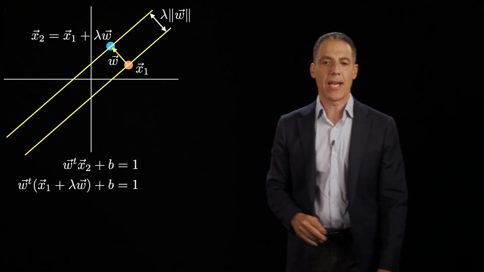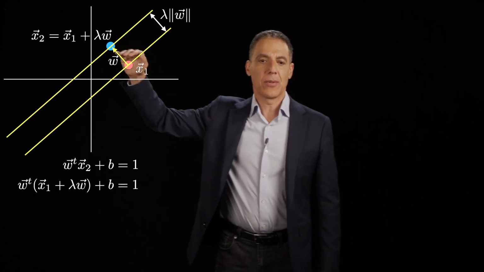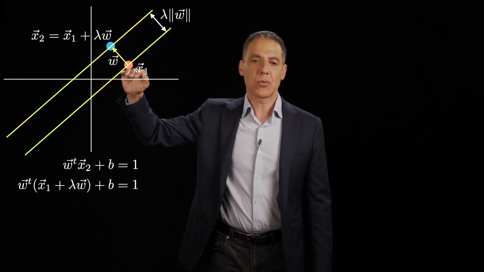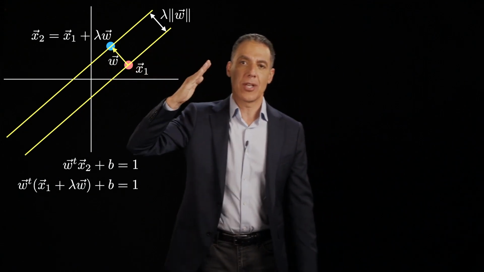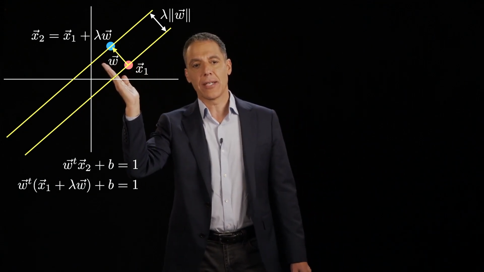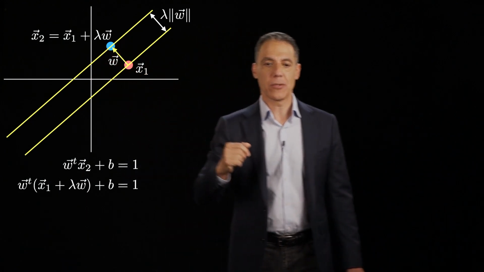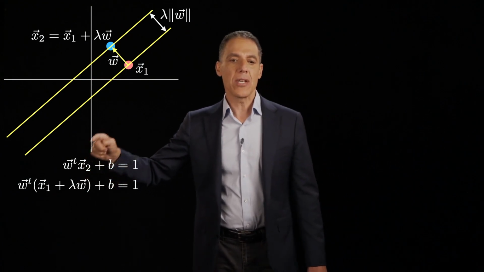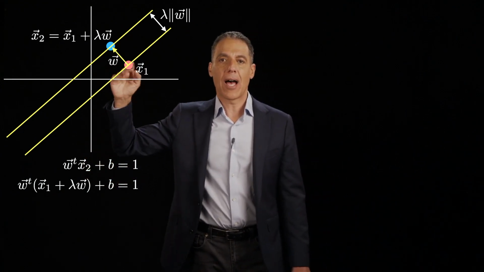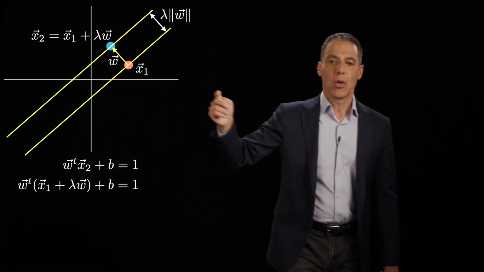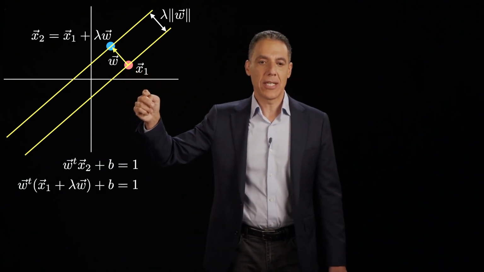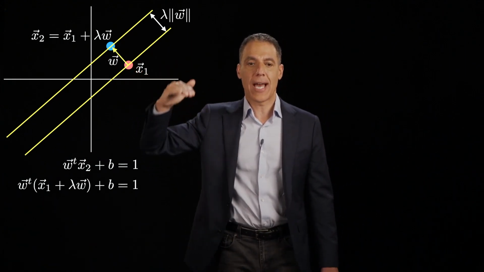Well, let's derive that. All right, so same picture. I've got my x1, class 1. I've got my w, which is the vector that is perpendicular to the line. And the corresponding point x2 here is x1 plus lambda w. All right, now what do we know about points that lie on the line where now the intercept is down below? It's not at 0.